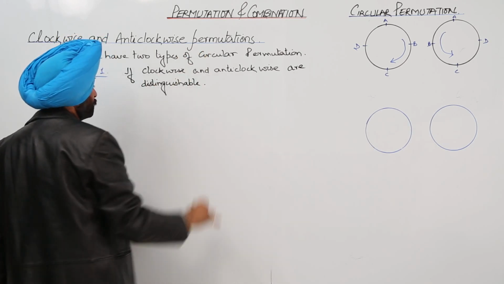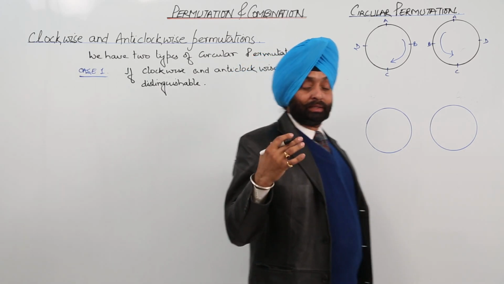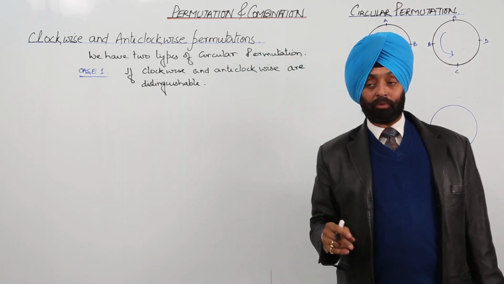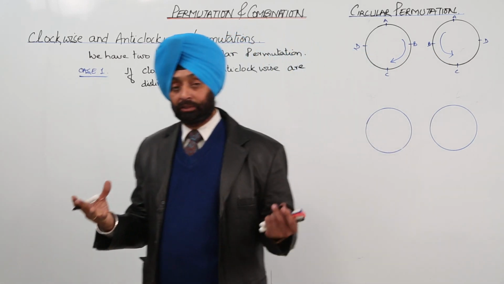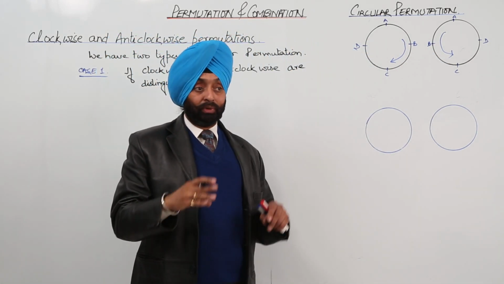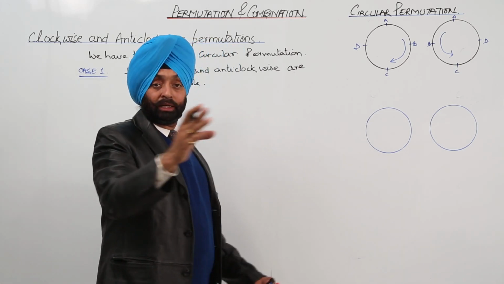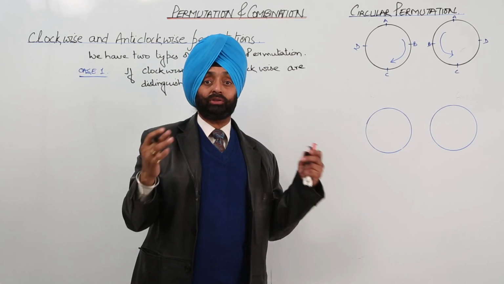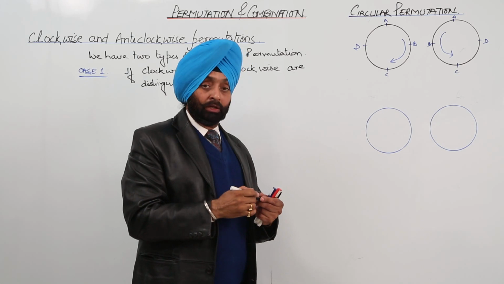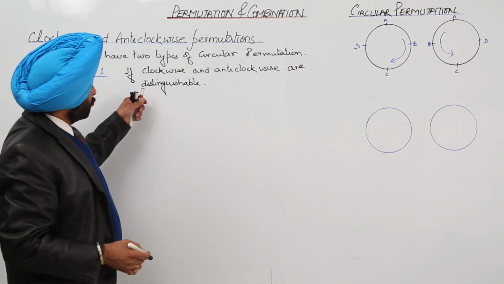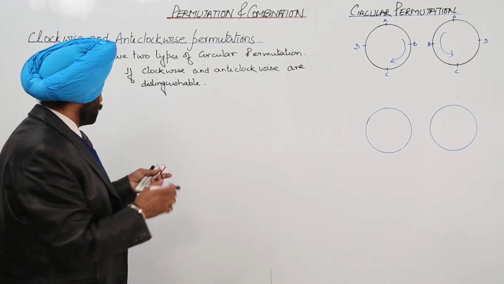Now how they are distinguishable? In the explanation form I just told you that there are 4 students sitting around the table. So 4 students means 4 different objects, 4 different things. We can distinguish them, that suppose it is Ram, Rahim, Sita, Geeta, whatever are 4 students. So we can distinguish by names, by their size, by each and everything. Okay. So if clockwise and anti-clockwise are distinguishable, then what the formula is?